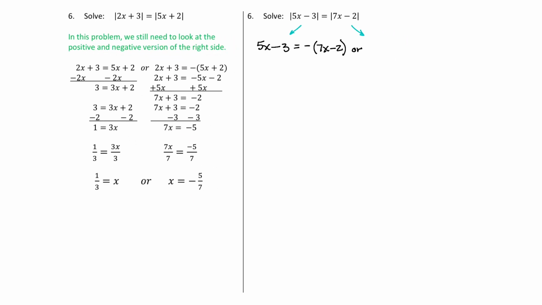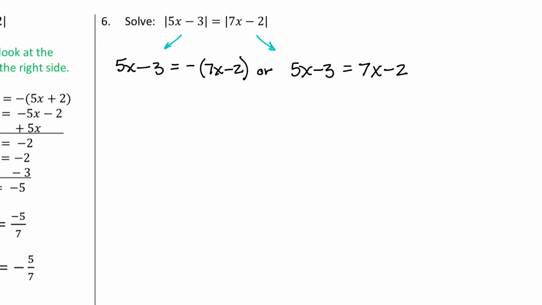Or drop the absolute value on the 5x minus 3 side, and that's equal to the positive of the right-hand side, which is just 7x minus 2. You technically have 4 options with the 2 positives on the left, or the positive and negative on the left, positive and negative on the right, but they cancel each other out and end up with only these 2. Okay, so now let me zoom in. And let's do it.